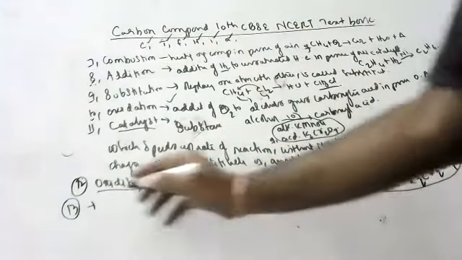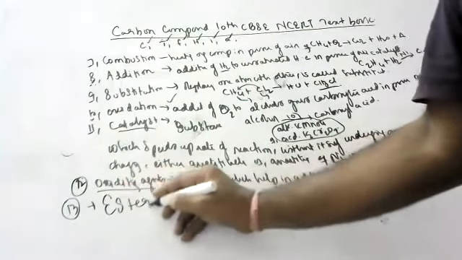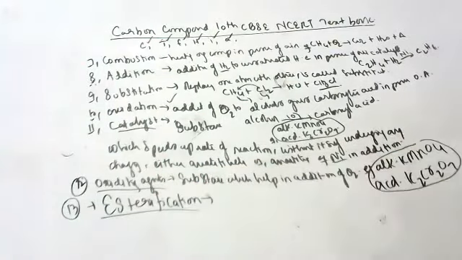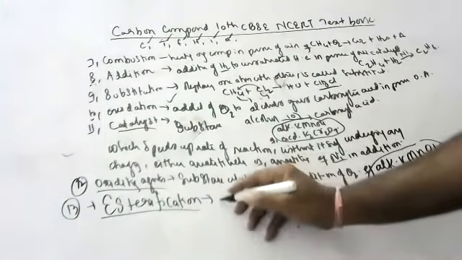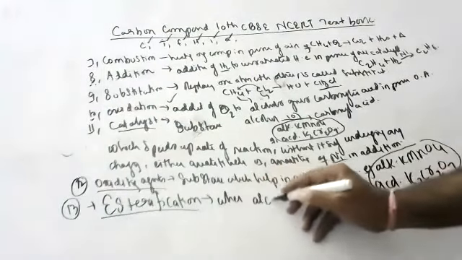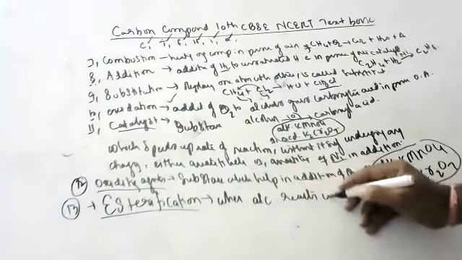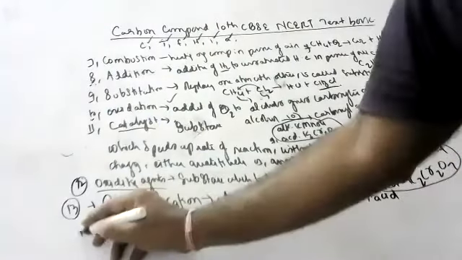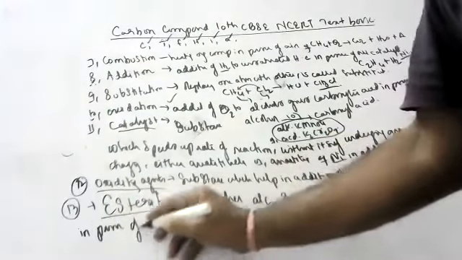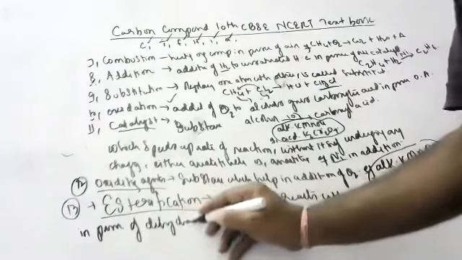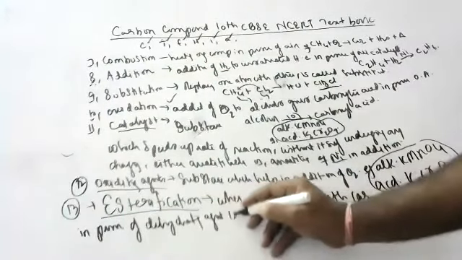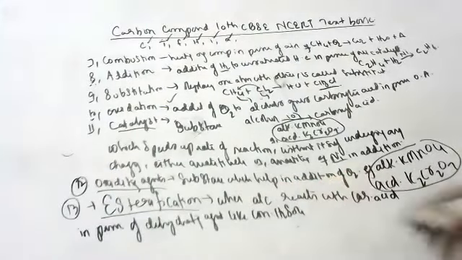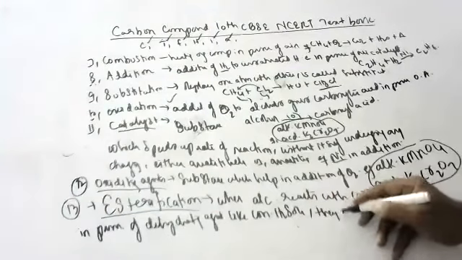Next, esterification. What is esterification, children? When alcohol reacts with carboxylic acid in presence of a dehydrating agent, like concentrated sulfuric acid, they give esters.